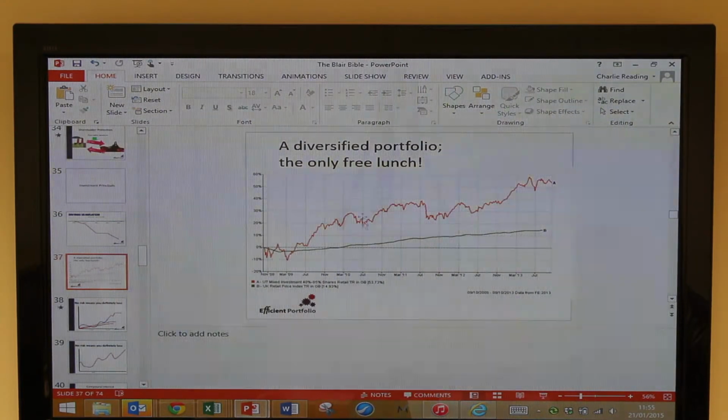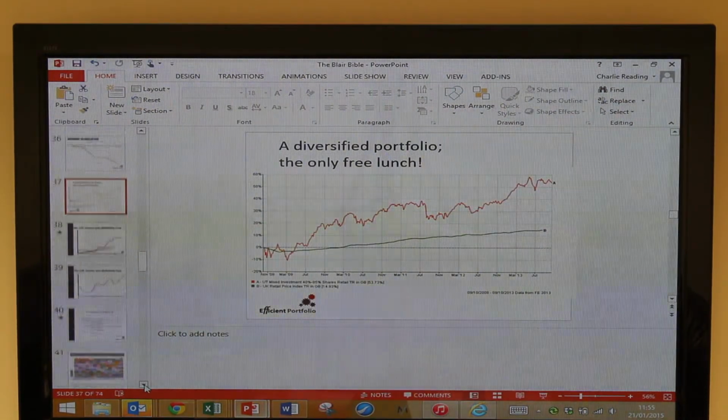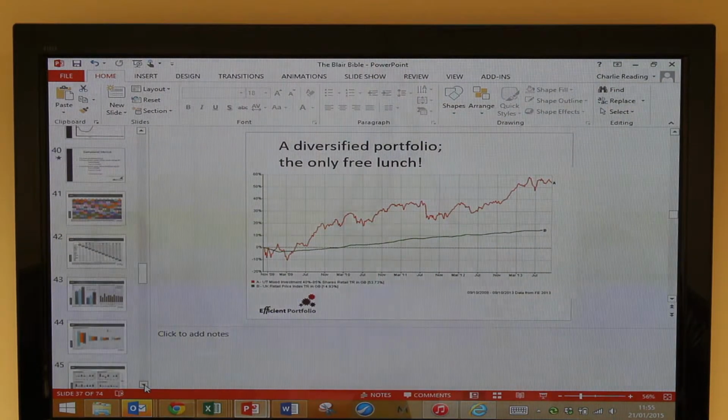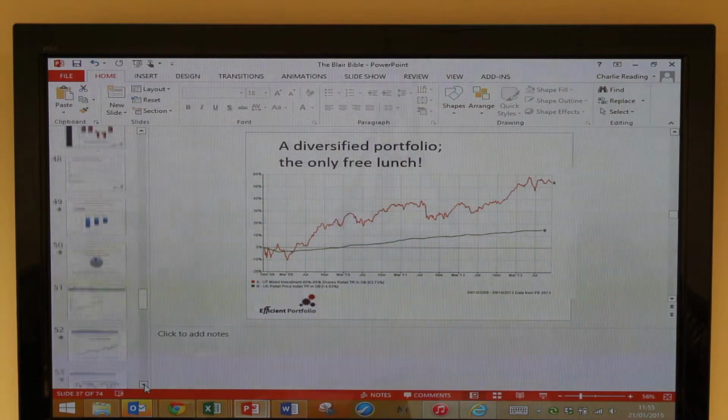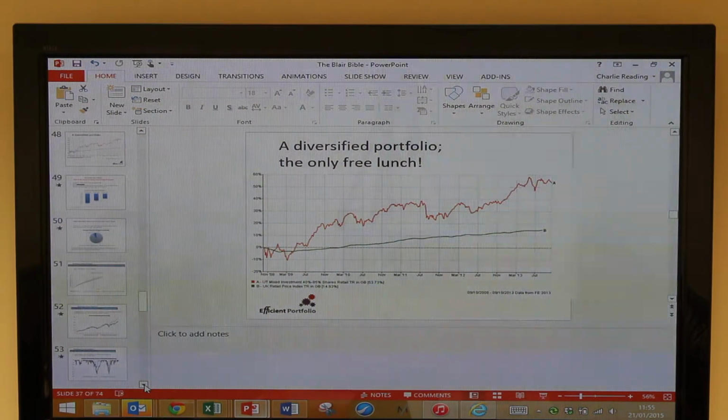That's a chart that just shows you, and that's not even our portfolio, that's just the average of all diversified funds during that time frame. As I say, I think that's most of the questions that you've asked. See if there are any others worth explaining.